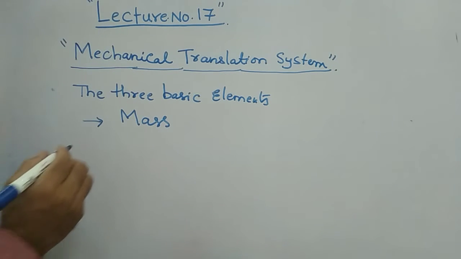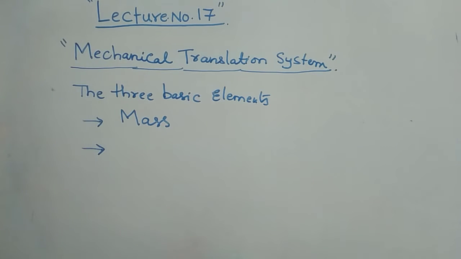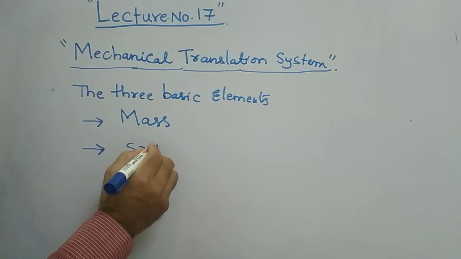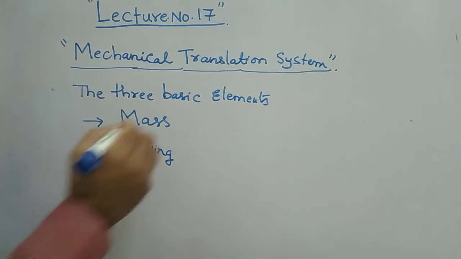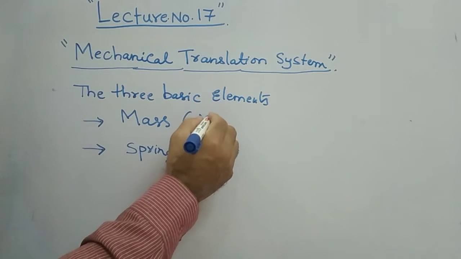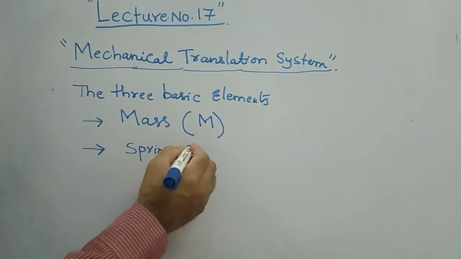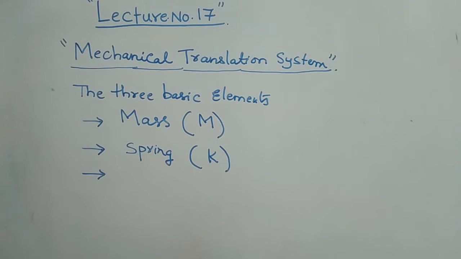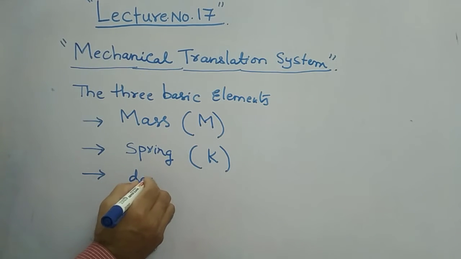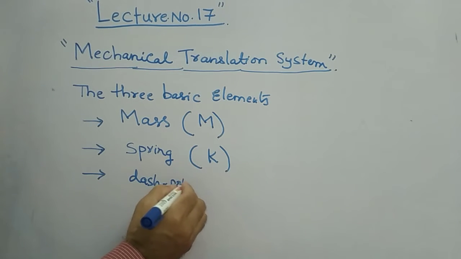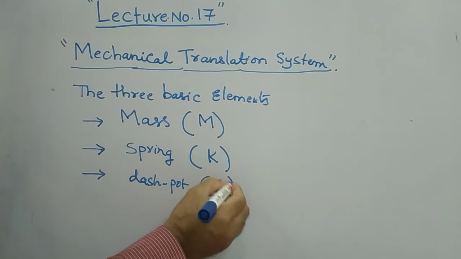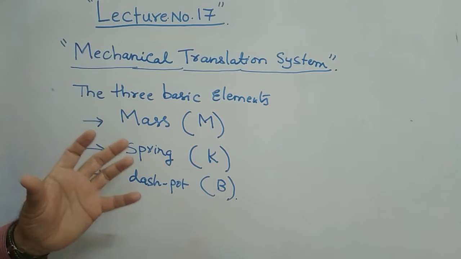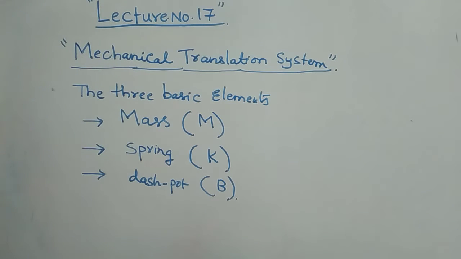The second one is the spring. Mass is normally denoted by capital M, whereas the spring is denoted by K, and the third element is called the dashpot, denoted by the letter B.